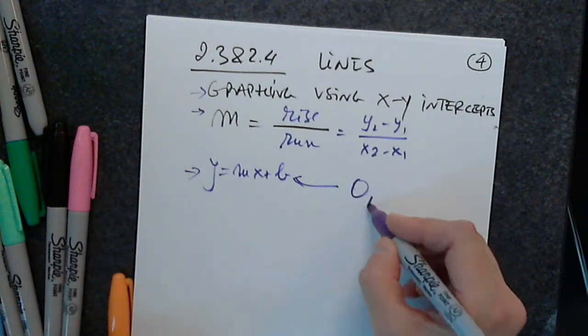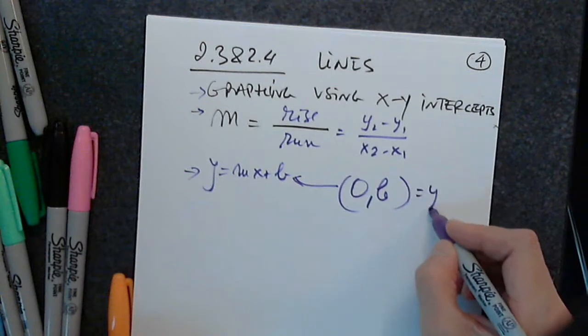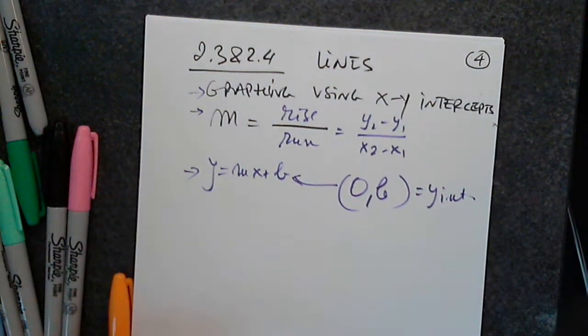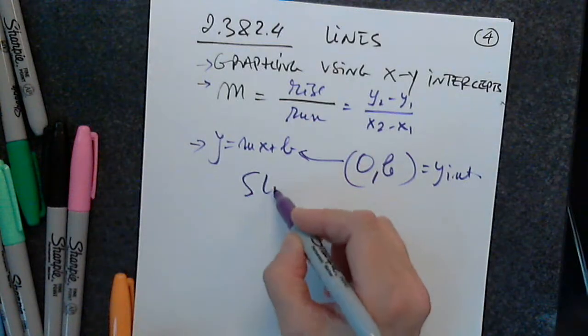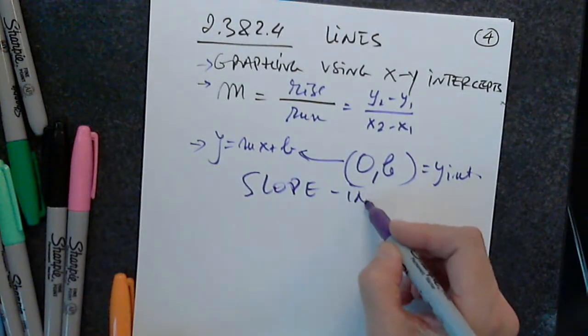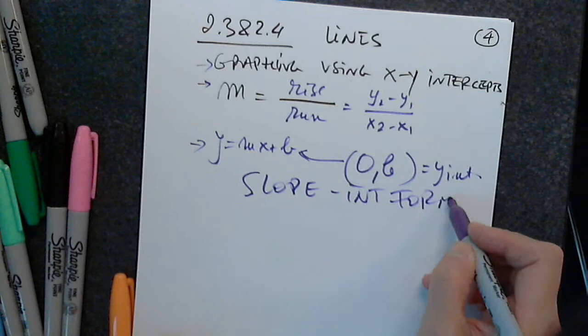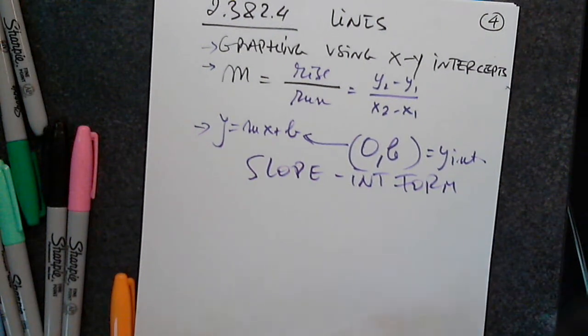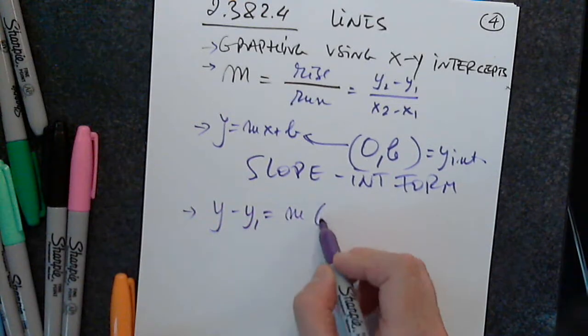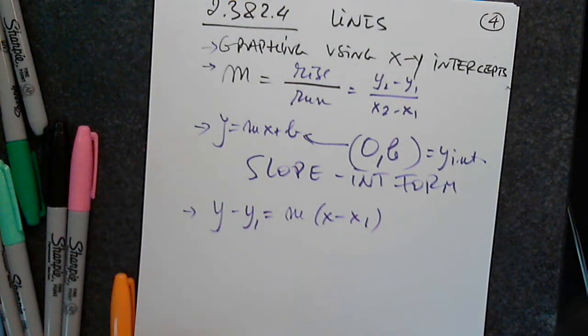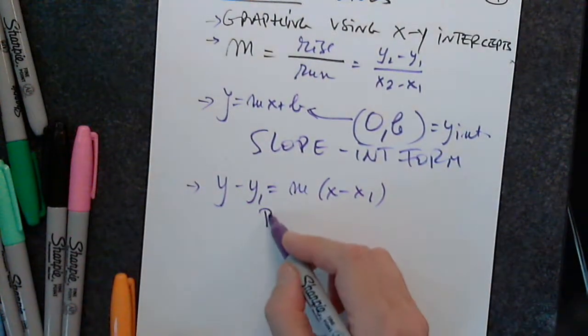Awesome, indeed. It's 0 comma b, which is the y-intercept. Very good. This is the slope-intercept form. Then we're going to look at y minus y1 equals the slope times x minus x1, which is point-slope form.